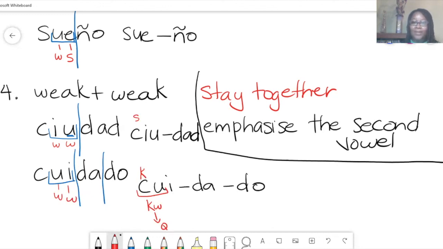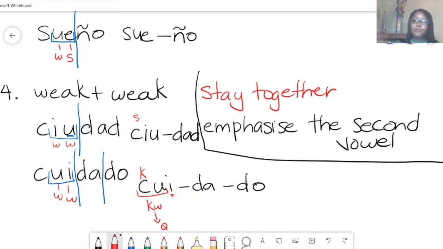Cuidado, cuidado. You're hearing that QU, like that KW, and that K sound coming out, along with the I being emphasized. You're hearing it.